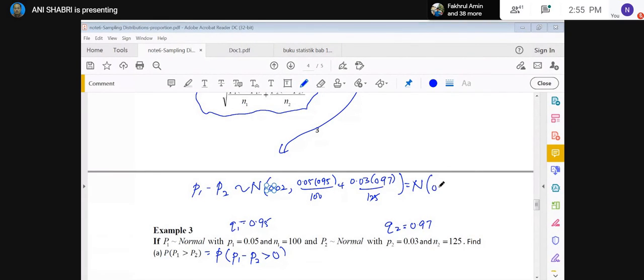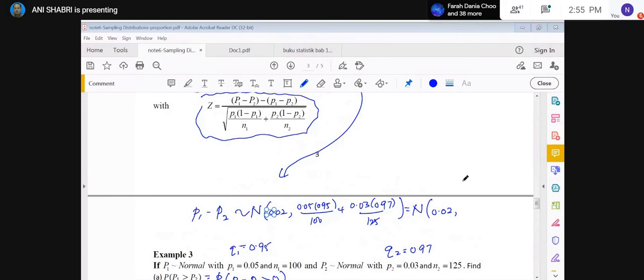Okay, dia dapat 0.02, yang belakang berapa nilai dia? Okay, berapa nilai? Okay, berapa dapat? 0.05, 9 bagi 100.